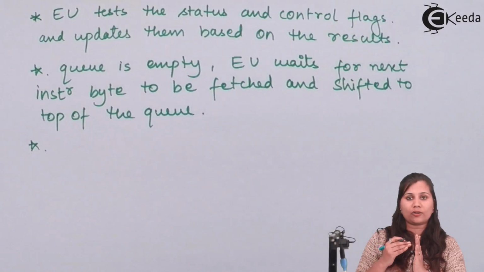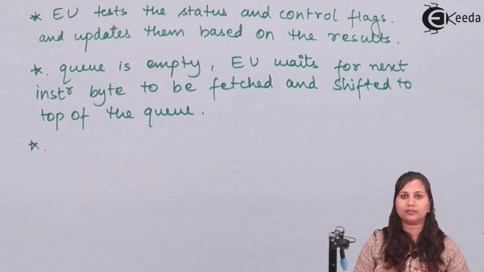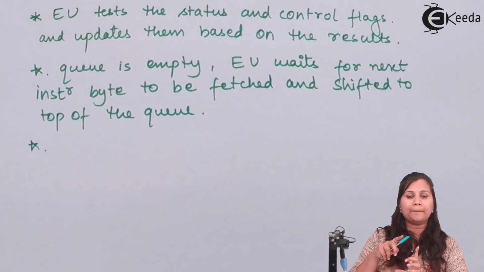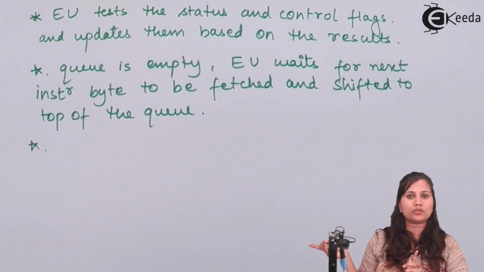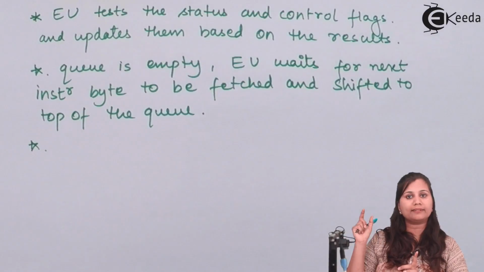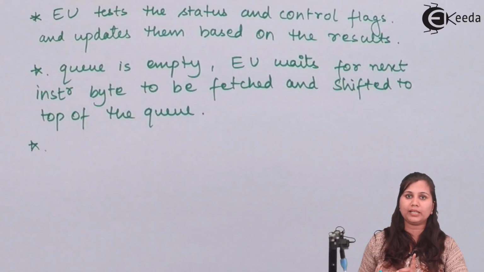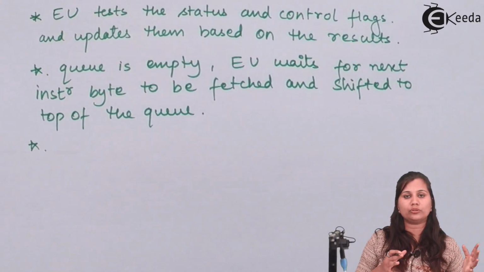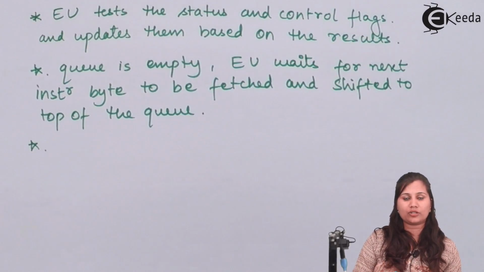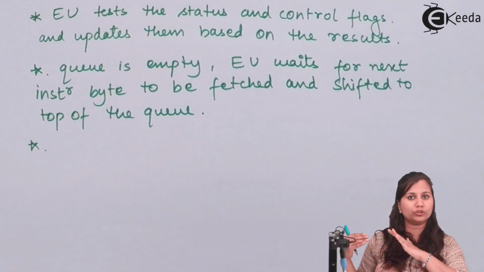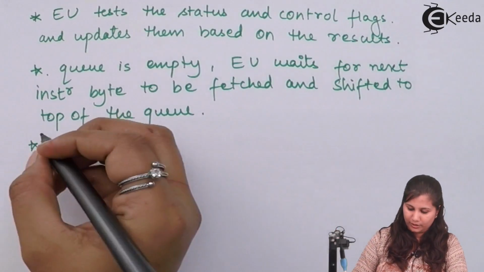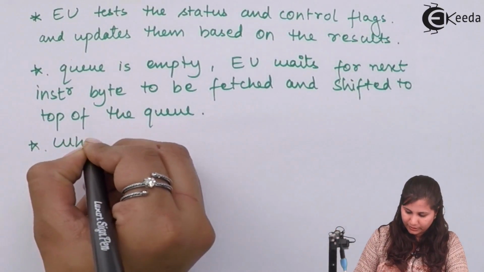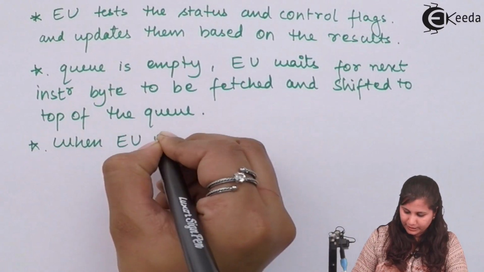The address of the next instruction is stored in the stack, and the program jumps to the different location, where the instructions will be executed. So the execution unit also shifts the instruction queue from this location to the new location.